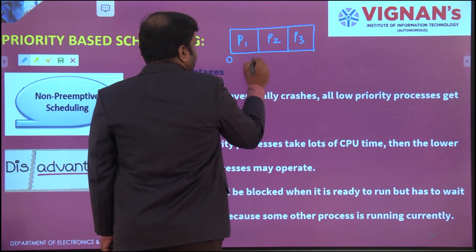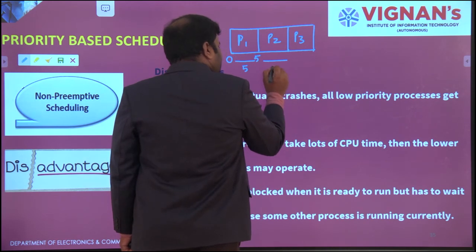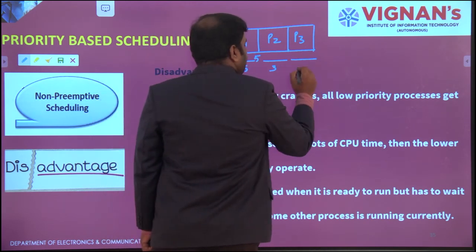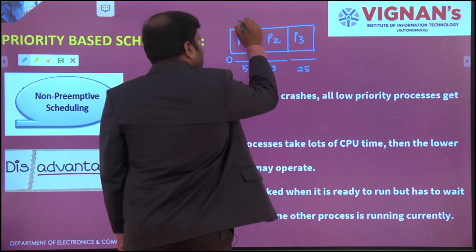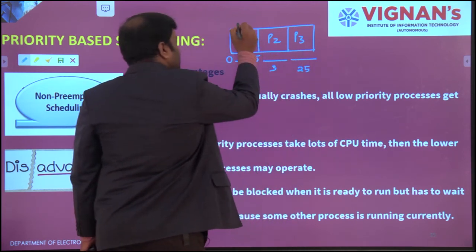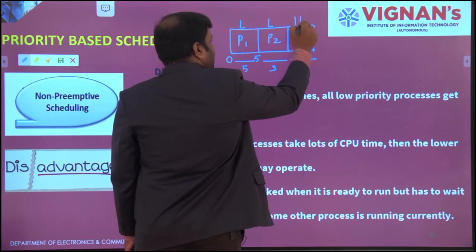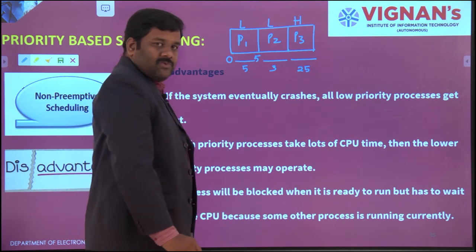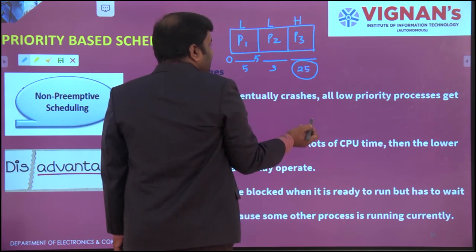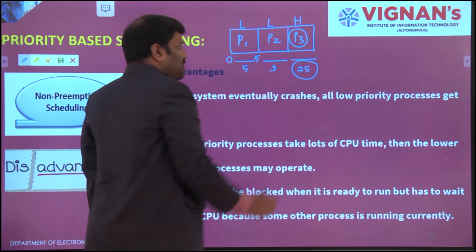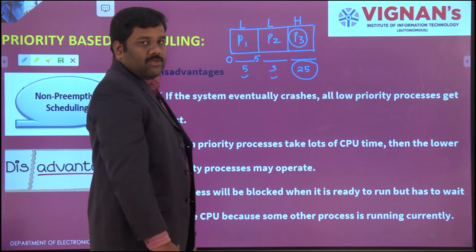So P1 needs 5 seconds and P2 will be closed within 3 seconds. But P3 needs 25 seconds to execute. Still, considering that P1 has less priority, P2 also has less priority, but P3 has high priority, what will happen? Until these 25 seconds are completed, until the entire process P3 has executed, P1 and P2 do not have an option to operate and execute.